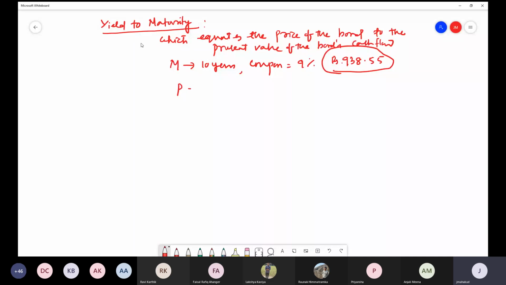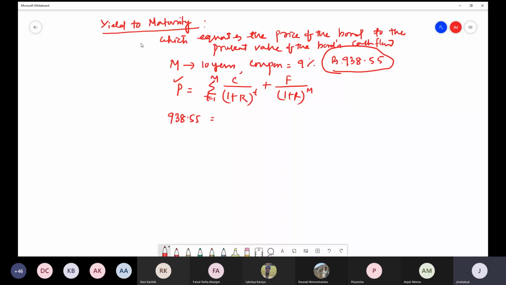P is equal to the summation, t equals 1 to M, of C by (1 plus r) to the power t, plus F by (1 plus r) to the power M. That we know. So here the P is given, that is 938.55.